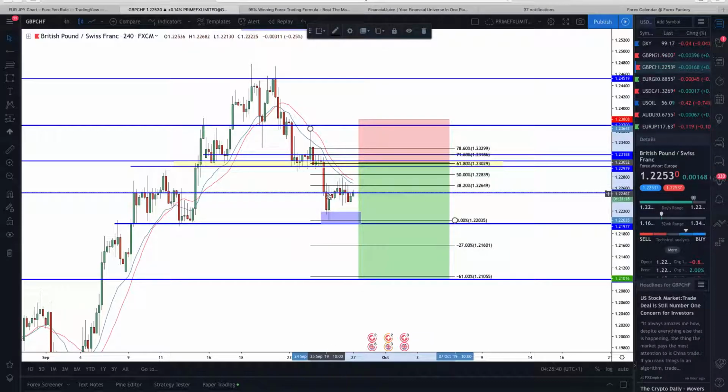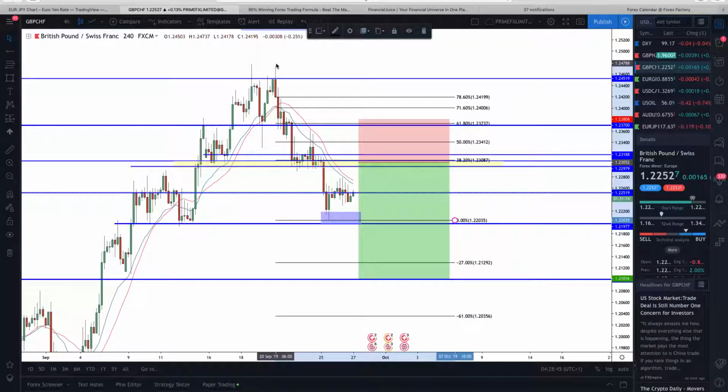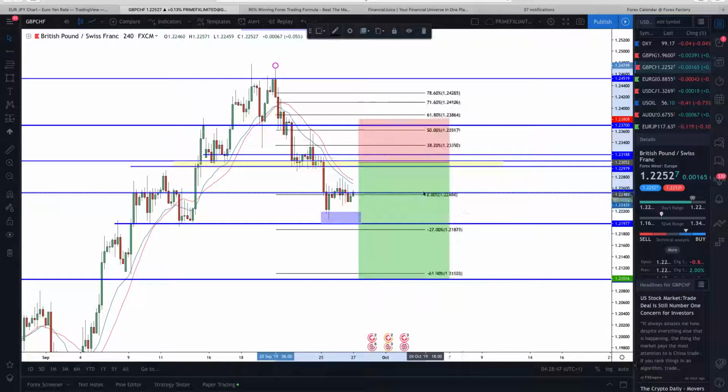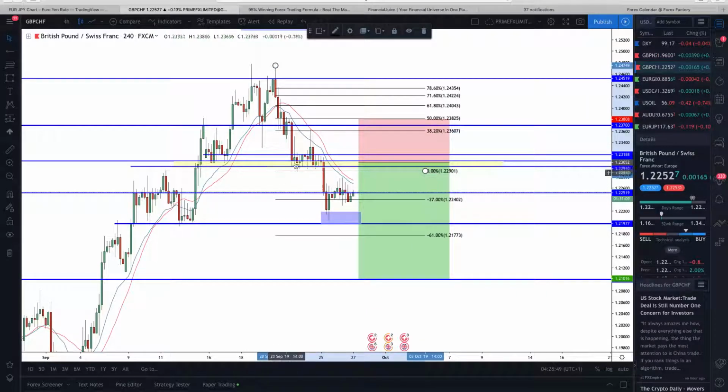Let's just see if this A, B, C move had completed. A, B, C, 38.2 hasn't completed all the way down to the minus 61, but we've come down to minus 27. First targets have been hit.